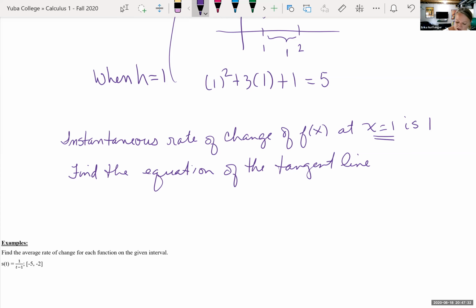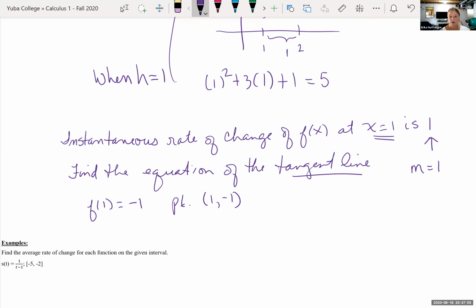We have what our slope is. Our slope is 1 in this case. And we know x is 1. If you remember when we plugged in f of 1 before, I believe we got negative 1 back. So we have a point at 1, negative 1.